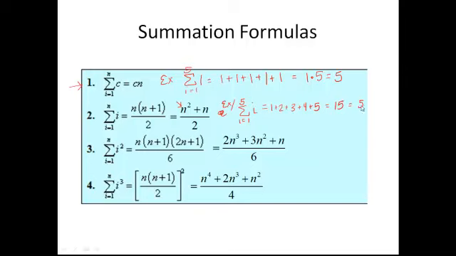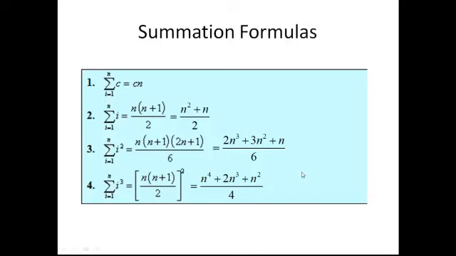We can just say 5 squared plus 5 all over 2, and this would get us 30 over 2, which is just 15. So by simply plugging into this formula, you don't have to expand this whole sigma notation out. You can just quickly plug it into this formula.